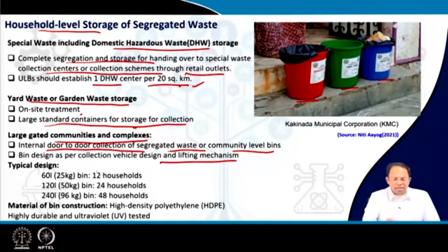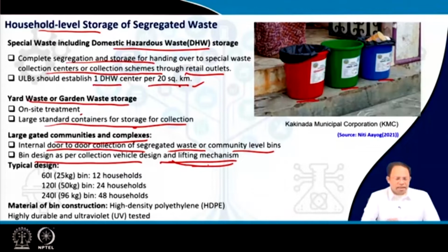Now, if the container has to be lifted, it has to be of a standard size or standard design, because otherwise it cannot be lifted. Obviously these are large containers, and they have to be of a certain standard design, and only then can we use a lifting mechanism.